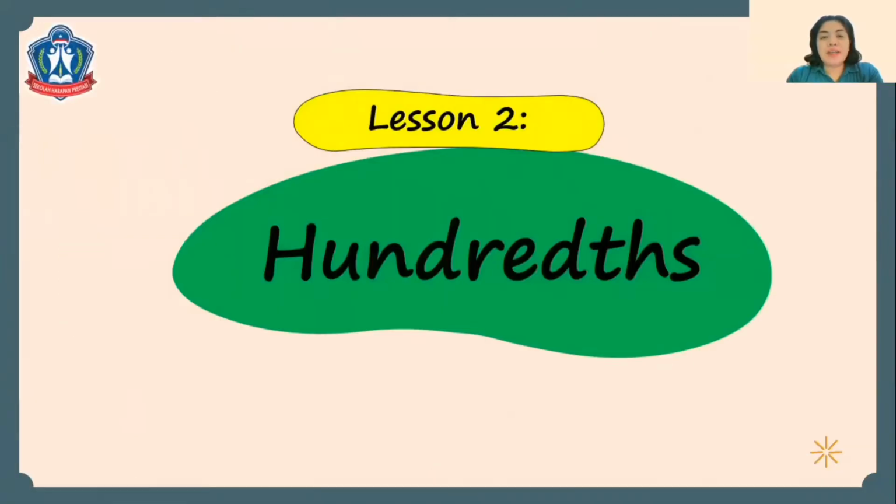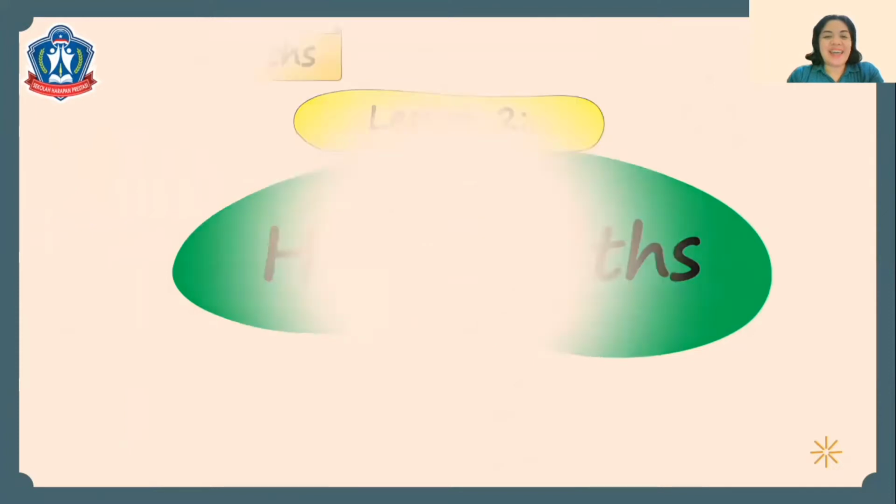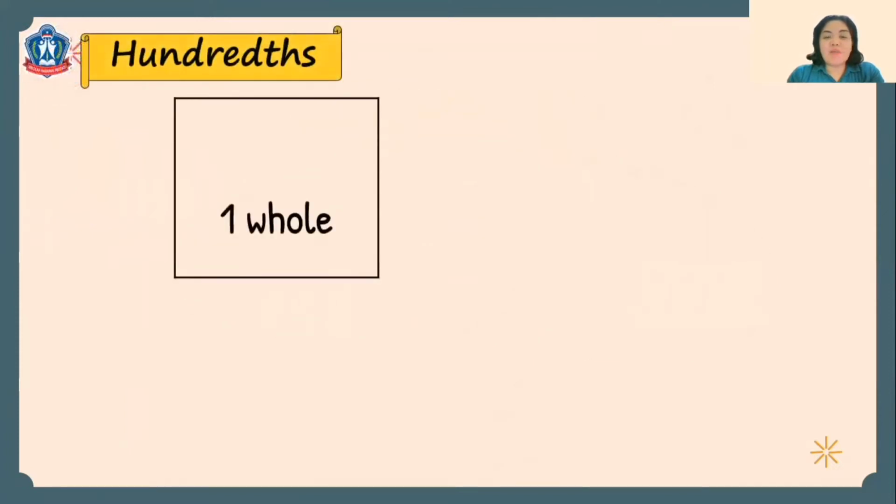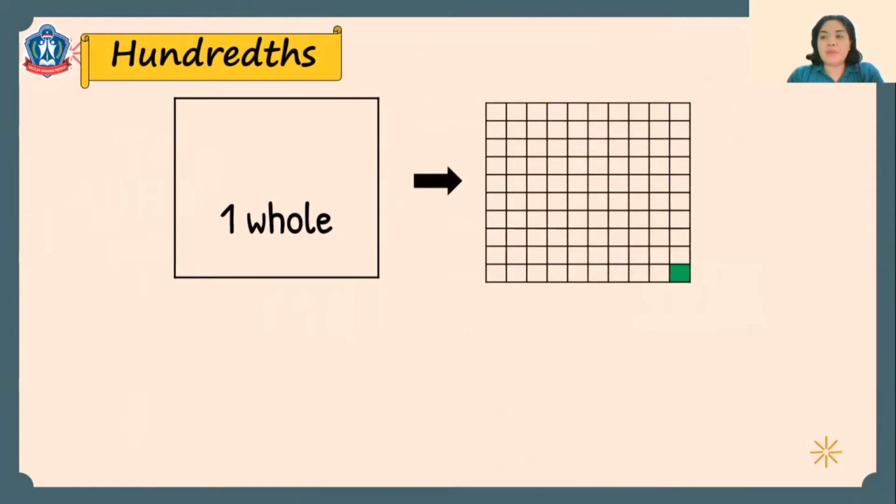Okay, we are now in Lesson 2. It talks about hundredths. So what is the difference between tenths and hundredths? Let's say we have one whole. If we divide one whole into 100 parts, one part is what we call a hundredth.